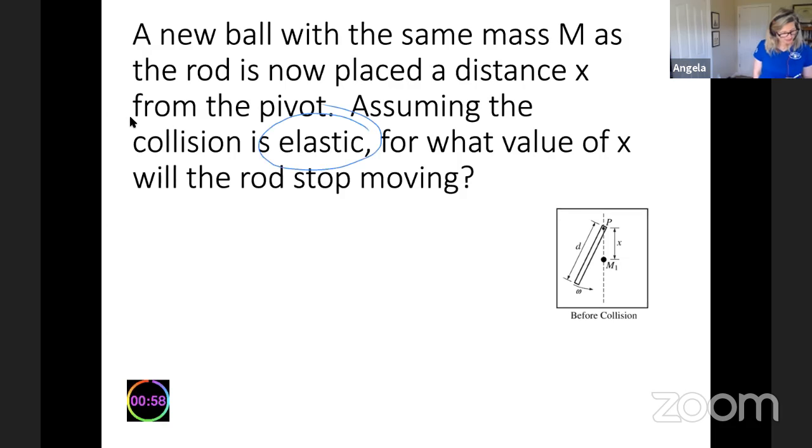Elastic collision. So we know that both angular momentum and kinetic energy are conserved. Let's start with angular momentum. So we got that. I erased it. Let me try to find it.